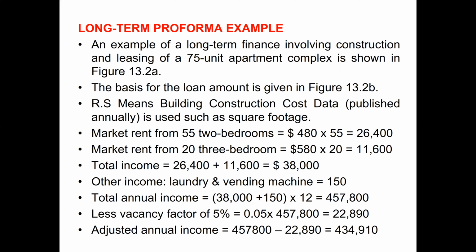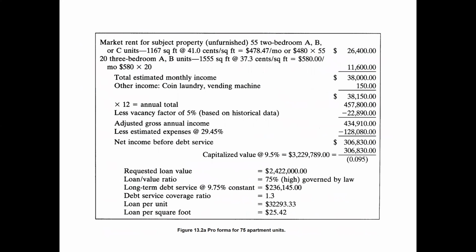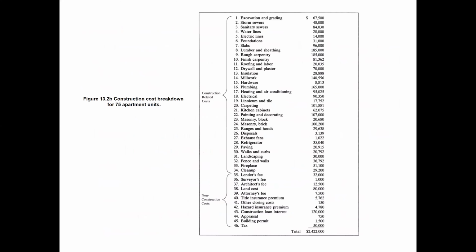And then the basis for the loan amount is given in figure 13.2b. Okay. If I show you this, 13.2b is the construction cost breakdown of that 75-unit apartment. Okay. So they need money, how much loan they need.